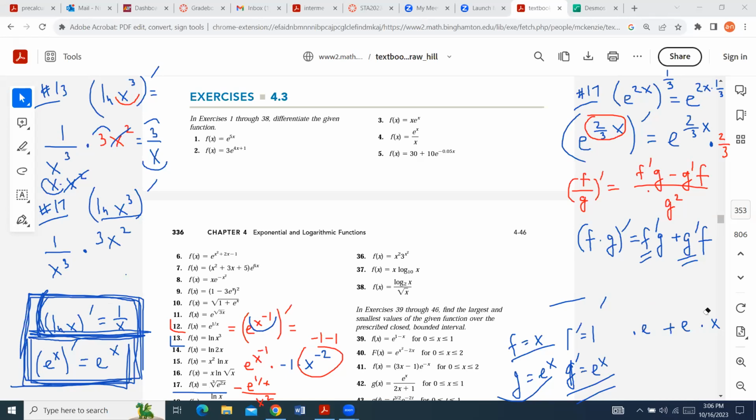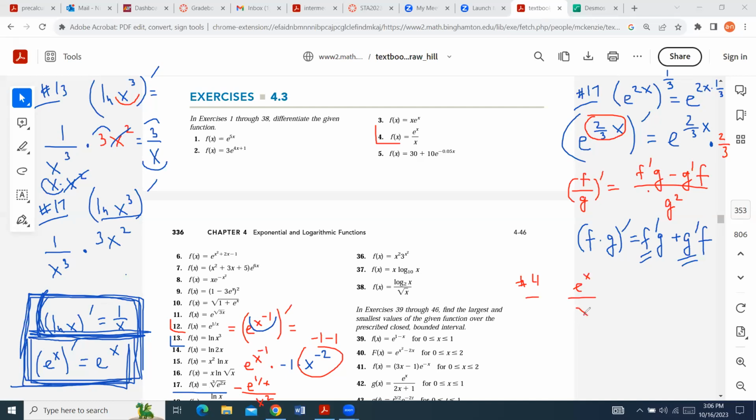But in an exercise like number 4, there is no way around it. In an exercise like number 4, you have to use that formula. So let me put it in red so we can see the resemblance. In this problem, I have e to the x on the top and x on the bottom, so there's nothing I can do. To find the derivative, I have to use the formula for the derivative of a quotient.